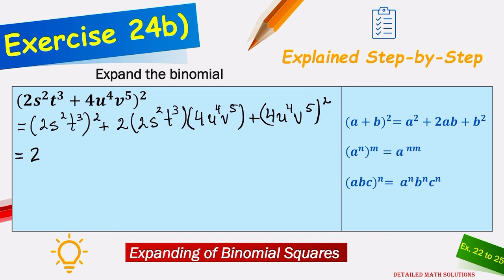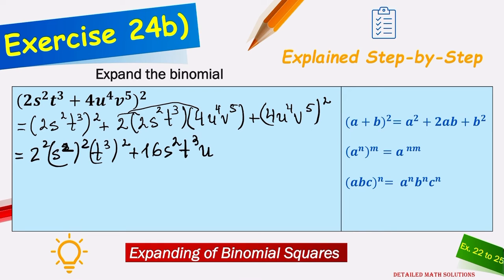We distribute the exponent: 2 squared s^2 squared t^3 squared, plus then we have 4 times 4, 16 s^2 t^3 u^4 v^5, plus 4 squared u^4 squared v^5 squared.